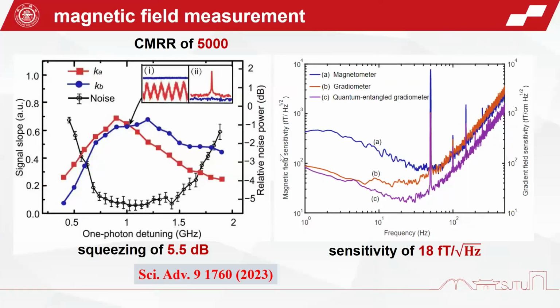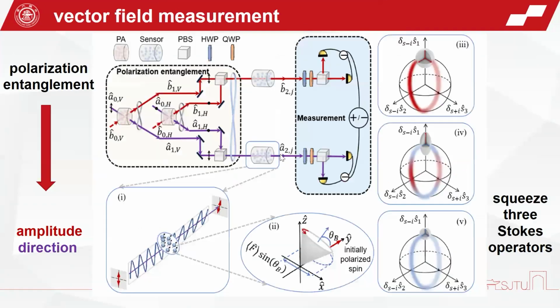So with the common mode rejection ratio of 5,000 and the squeezing of 5.5 dB, we can reach a sensitivity of 18 femtotesla per square root hertz. So this is a result from last year. This year we generated a new type of polarization entangled beam. Last year we just used one parametric amplifier to generate entangled light.